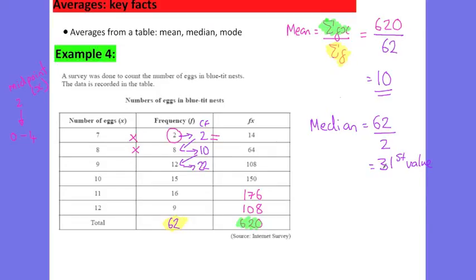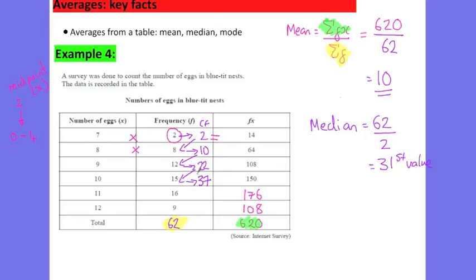Still not high enough. We're looking for the 31st. 22 add 15 is 37. So this is where the 31st value is.